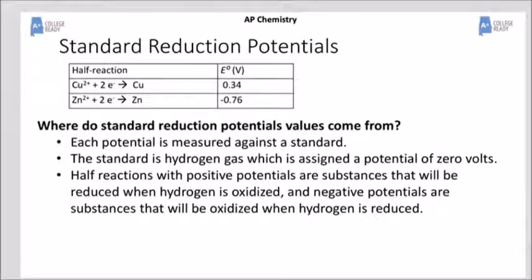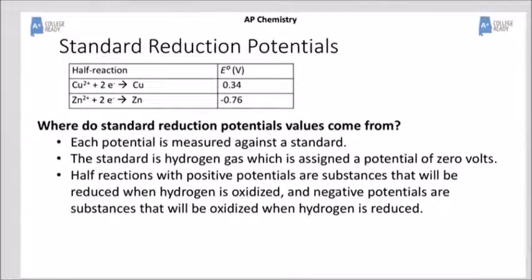I've had students ask me, where are they getting these numbers from? So if you wondered that or not, it's pretty simple. They took hydrogen gas as the standard, and they assigned its half reaction a voltage of 0, and then they put every half reaction together with it as a galvanic cell, and they compared it to hydrogen gas.